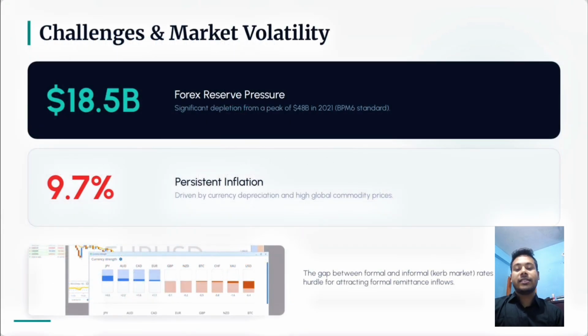And here we can see the challenges and market volatility.